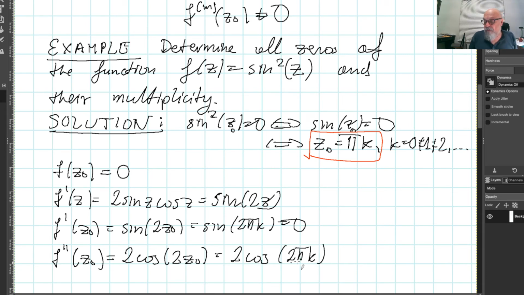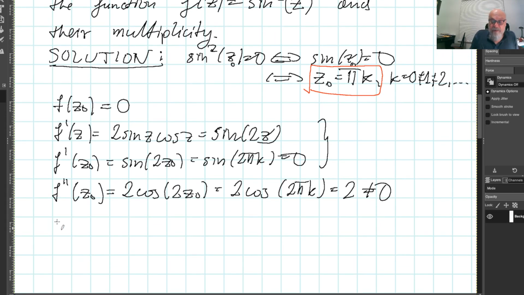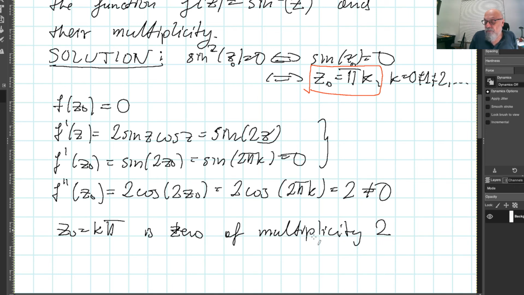The cosine of 2 pi k is 1, so you get 2, and this is not equal to 0. So the second derivative is non-zero, and z0 equals k pi is a zero of multiplicity 2. That's how you will be doing it.